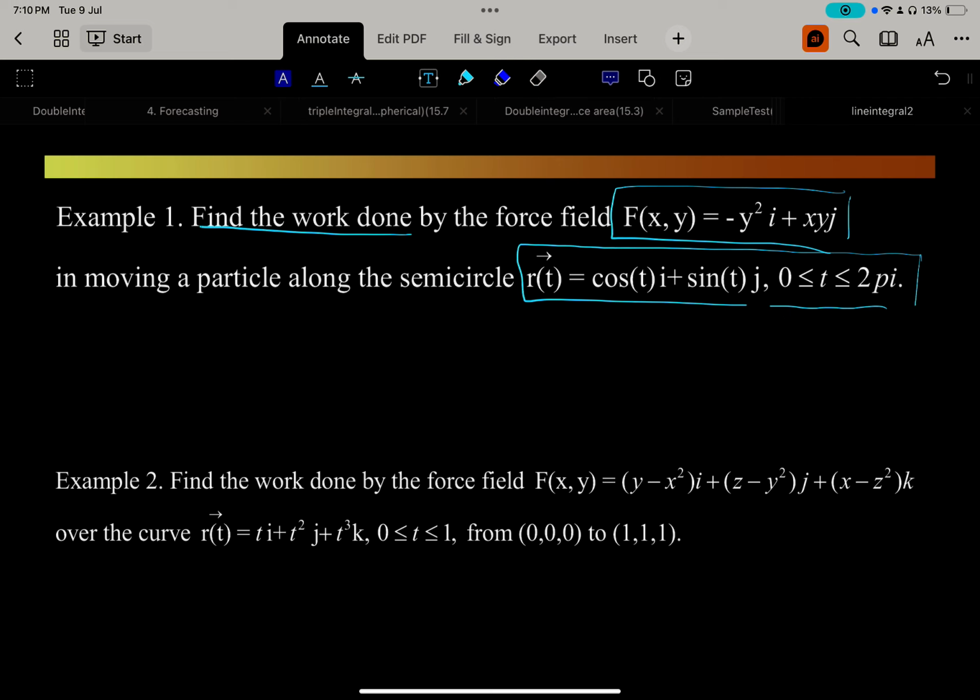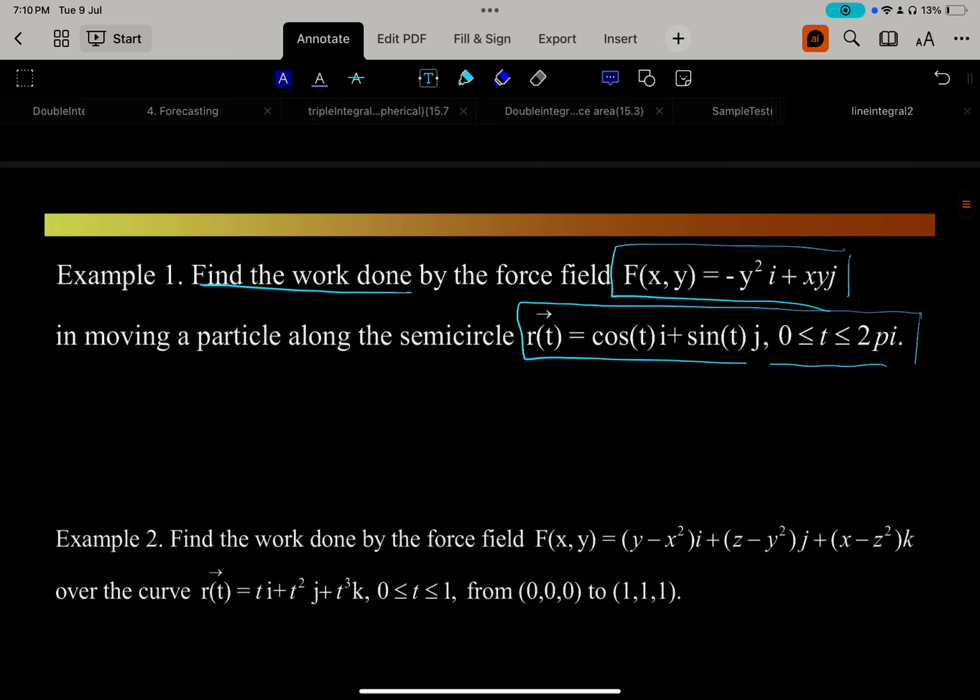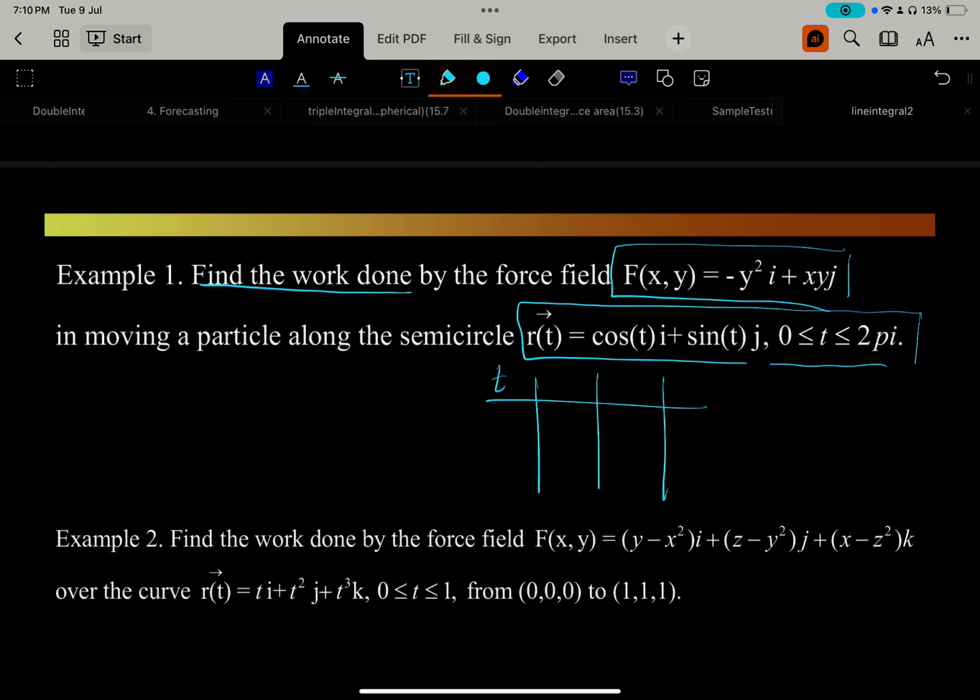Okay, and so let's draw a table here. So we have t, then cosine of t, and sine of t. And then let's say t is 0, pi over 2, pi, 3 pi over 2, and then 2 pi, and then we substitute here, and these are going to be just the x values and the y values.